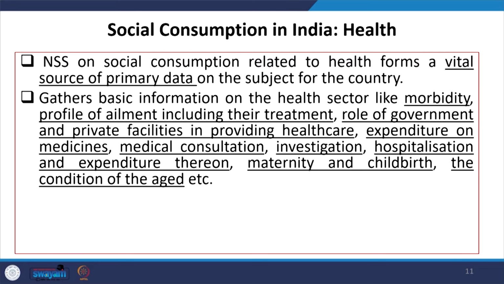This gathers basic information on the health sector such as morbidity and profile of ailments, including their treatment, the role of government, the facilities in private healthcare centers, medicinal expenditure, consultations, investigations, and then hospitalization expenditure or inpatient treatment and their expenditure. Similarly, information about maternity, childbirth, conditions of the aged, etc., is available.